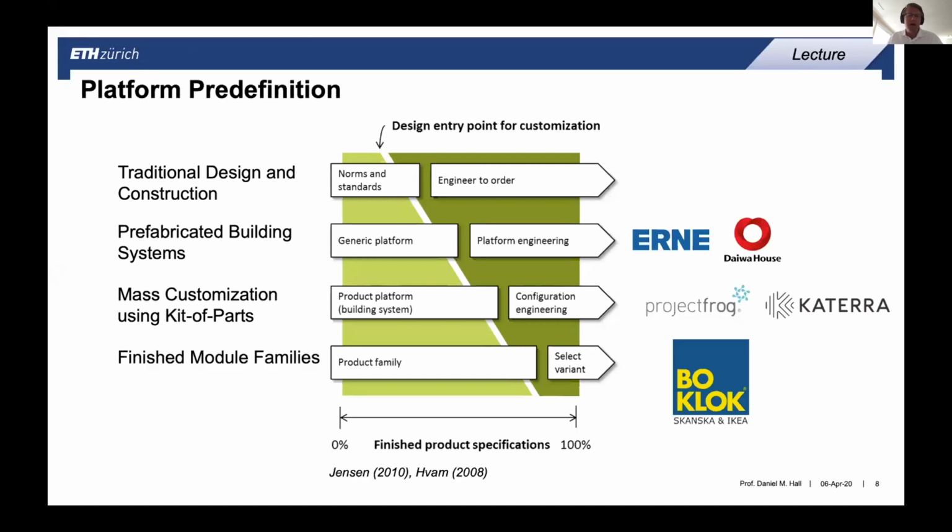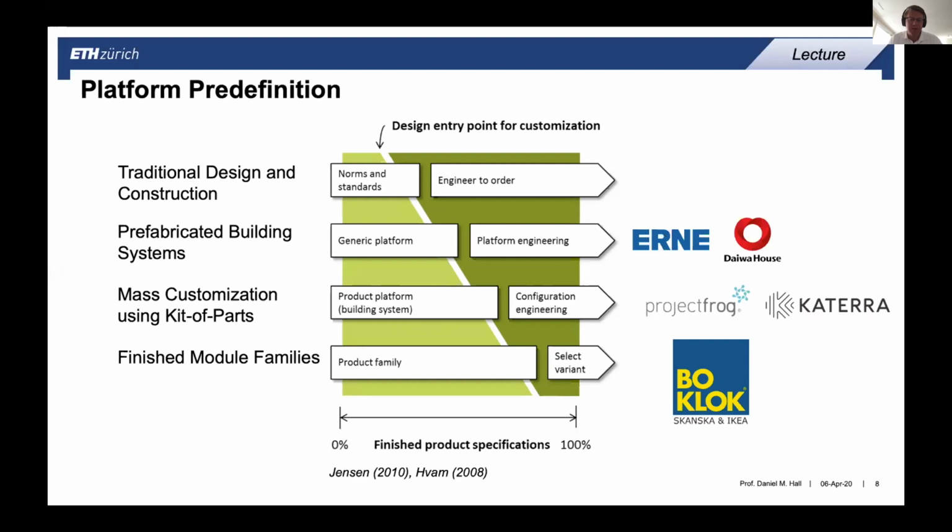And then finally, you have at the most defined product specifications, the idea of finished module families. This means that you fully design and specify a module. It could be a volumetric element, but it's completely defined for you. And then the customer can select which of those modules they would like to pick.